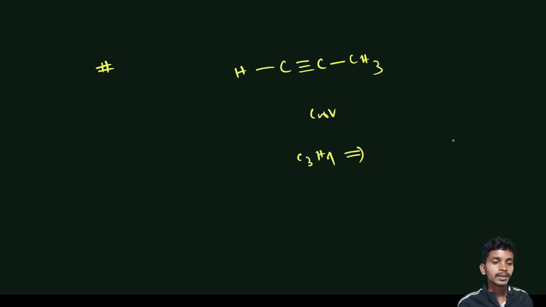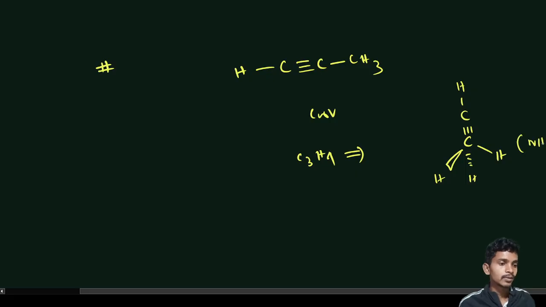Then in this case it will look like CH3, will look like CH, H, H. So in this case the point group is the same like ammonia, so point group will be C3v.